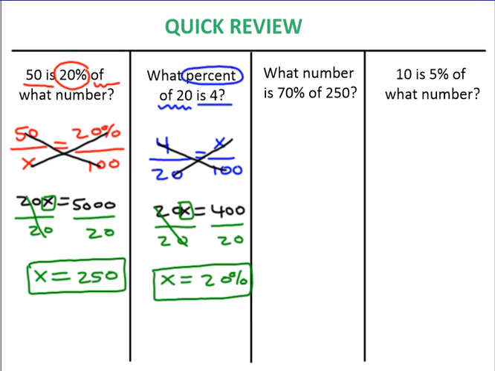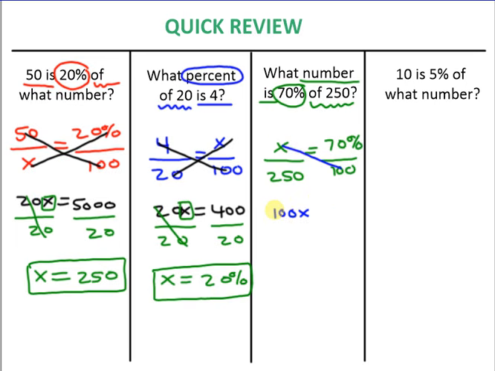All right, so here we have: what number is 70% of 250? So we have x over 250 equals 70 over 100. So we have 100 times x, which is 100x, equals 250 times 70, which is a big number here, 17,500.